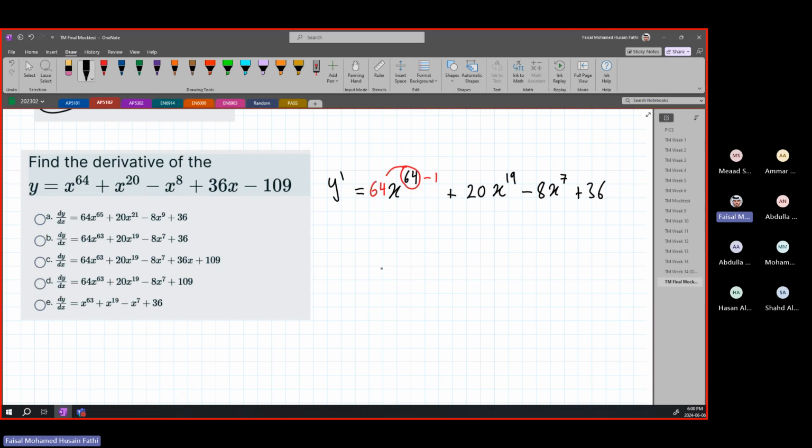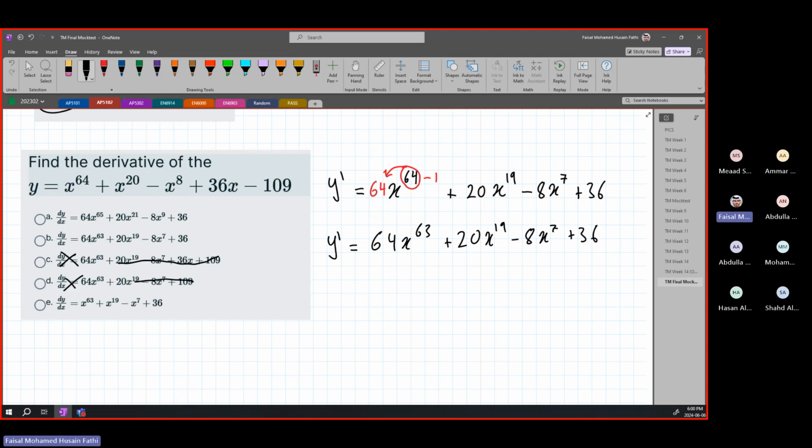So our y prime, if I now simplify, is 64x power 63 plus 20x power 19 minus 8x power 7 plus 36. We don't have any 109, so this is definitely wrong. This is also wrong. All of these have 36.